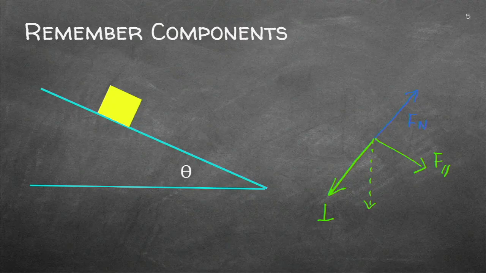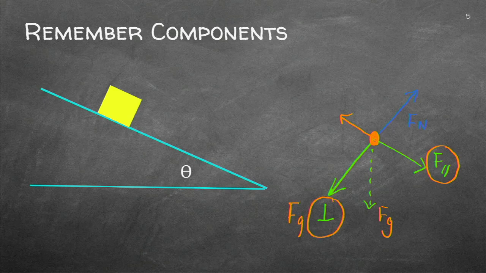And you'll have, if there is, a force upwards. So you've got your object, the circle. You've got your gravity there, which actually consists of a parallel and a perpendicular component. And you've got either the applied force or the friction, and do not forget the normal force.